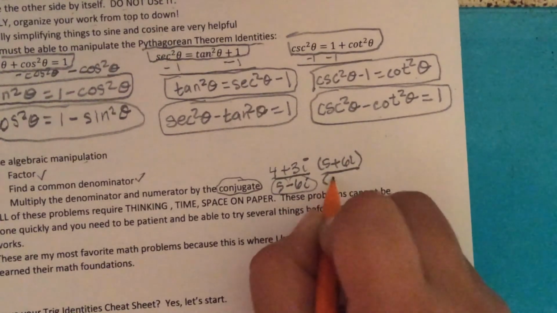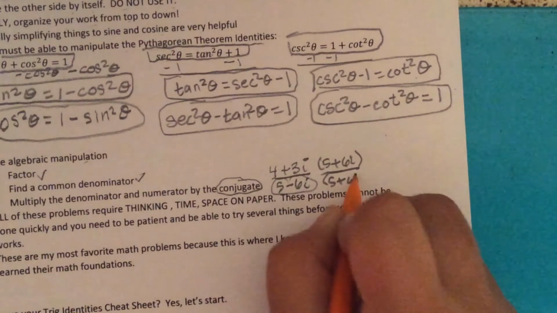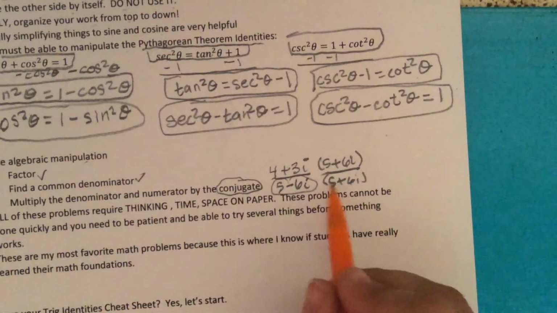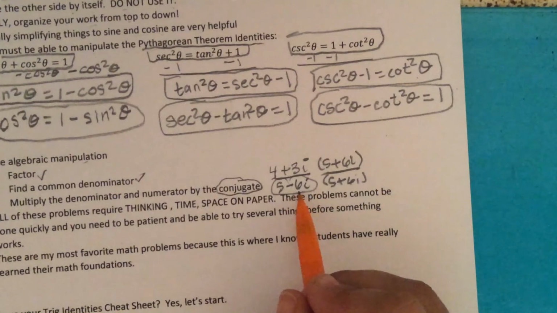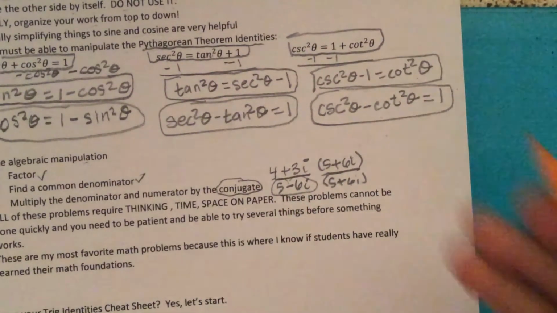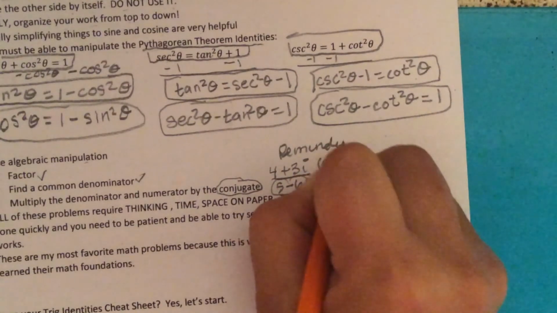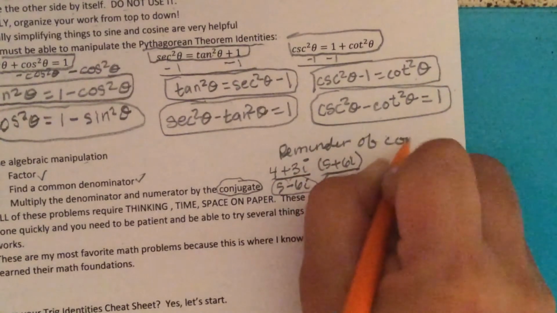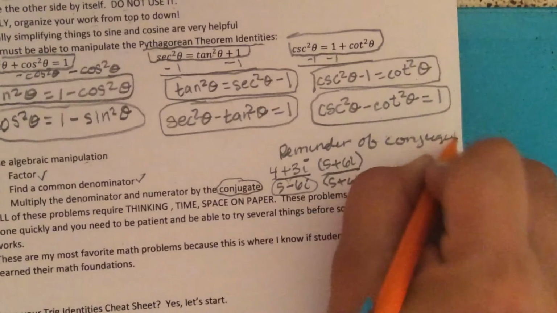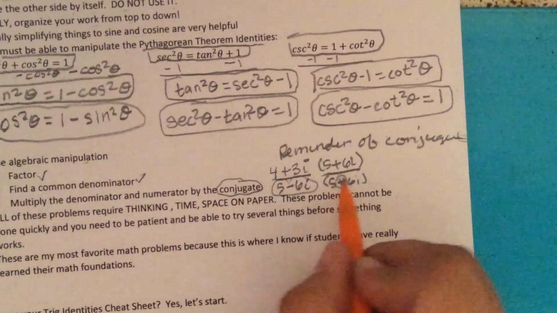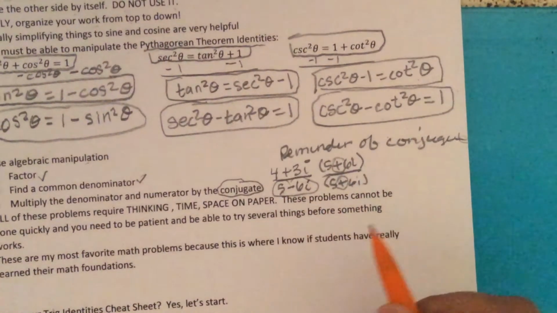So that's what they're talking about, the conjugate. You multiply the numerator and the denominator by the conjugate of the denominator. Okay? So that's just a little reminder of conjugate. So you just switch that sign in the denominator.